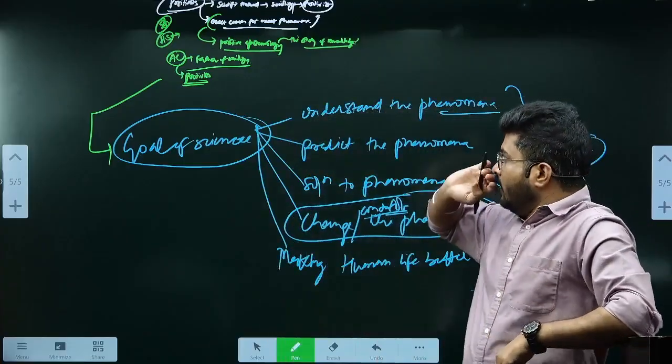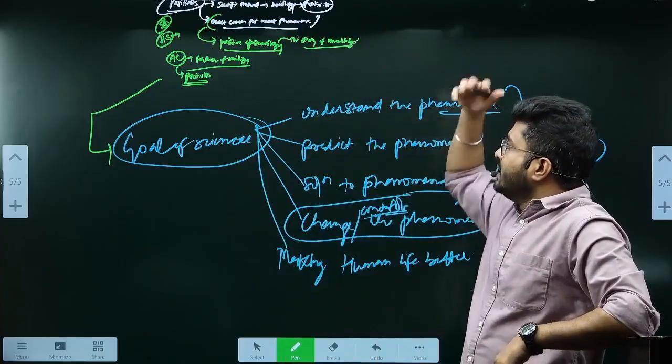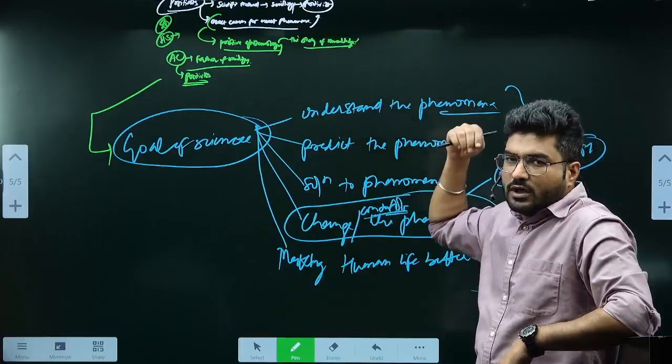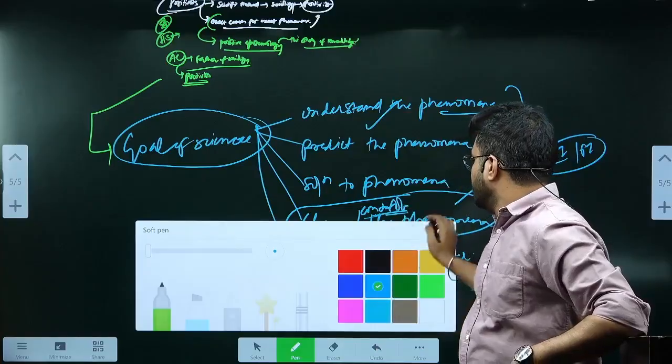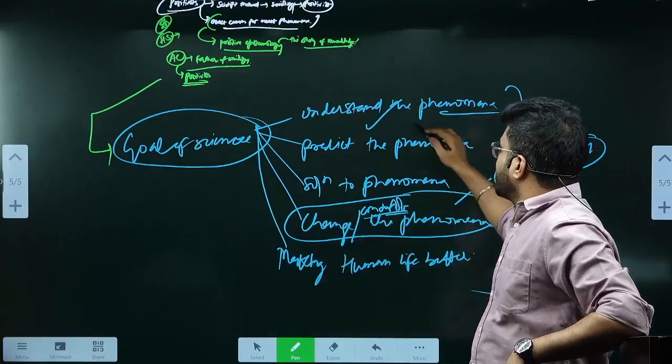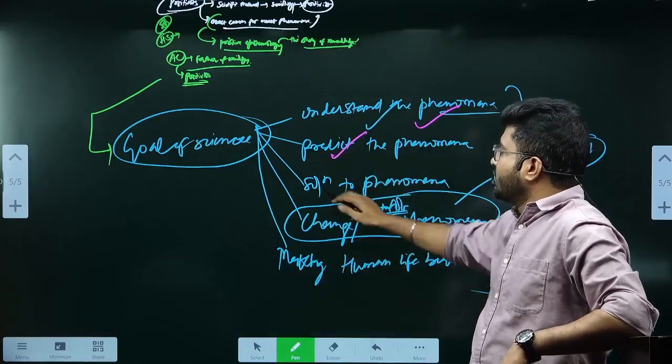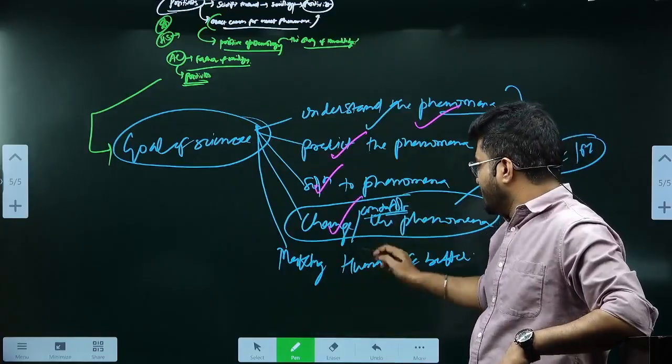So for Auguste Comte, if science has these kinds of approaches, they want to understand the phenomena, predict the phenomena, find solutions, change the phenomena, and make human life better.